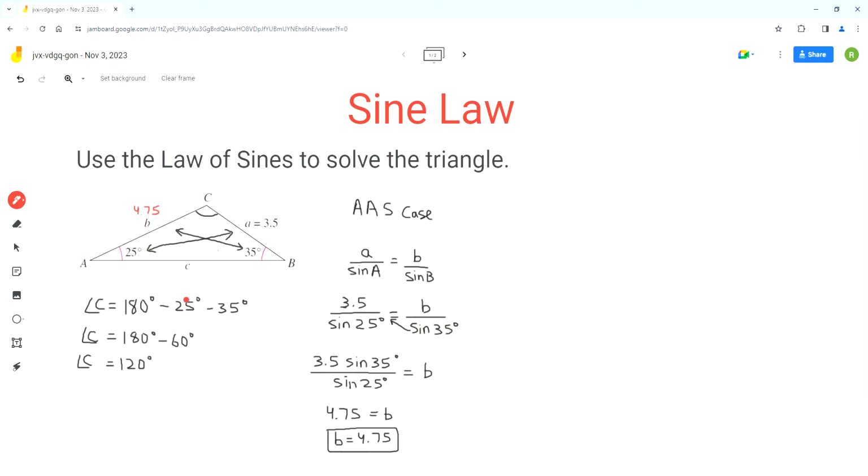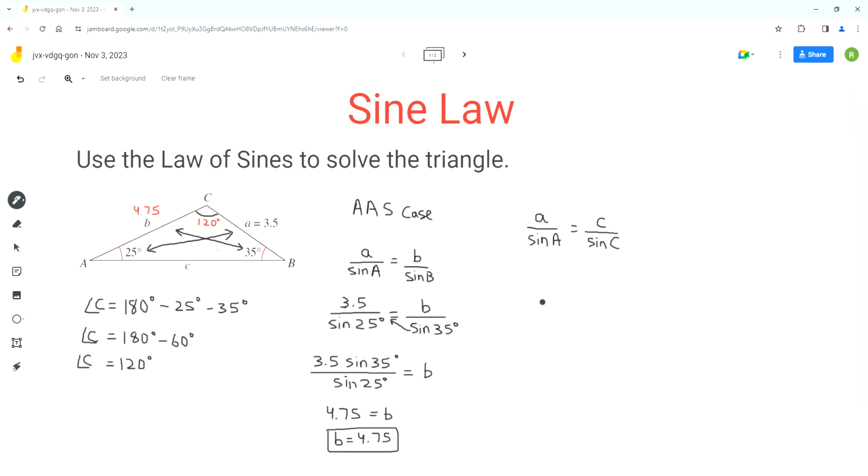Now we can find the length of side C or AB using sine law, because now we know that angle C is 120 degrees. So now we can use angle A, side A, and angle C and side C. So our equation will be A over sine A. Since we have to find a missing side length, we'll use the form in which the side length is in the numerator of sine of angle C. And now we can sub in the values.